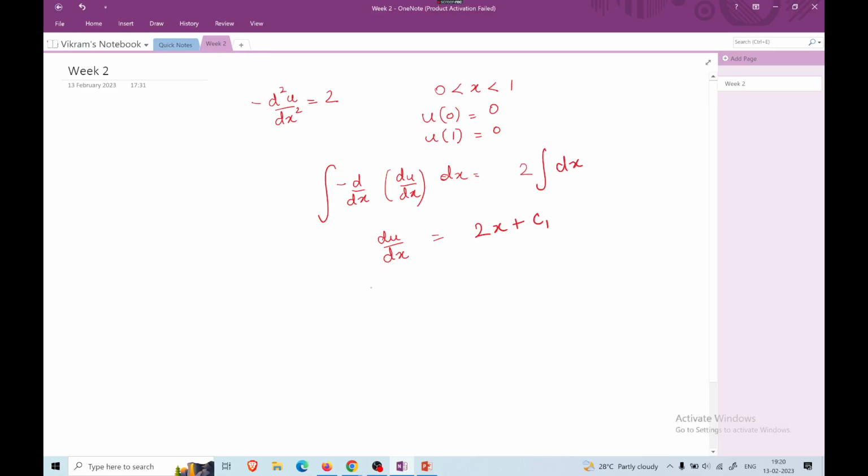Again, du is equal to (2x plus c1) times dx. If I integrate this, I will get u is equal to 2 into x square by 2 plus c1 times x plus c2. So this integration is fine, right? u is x square plus c1x plus c2. I have just integrated twice.